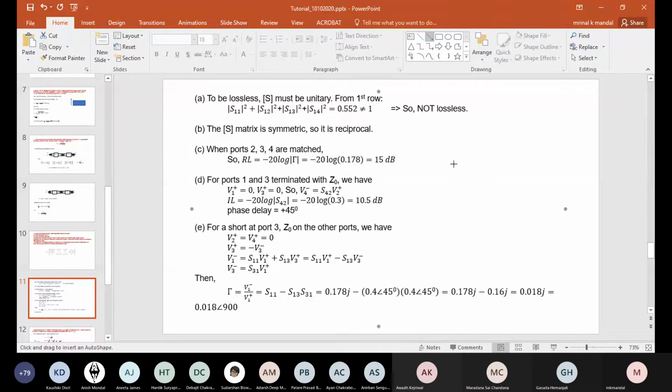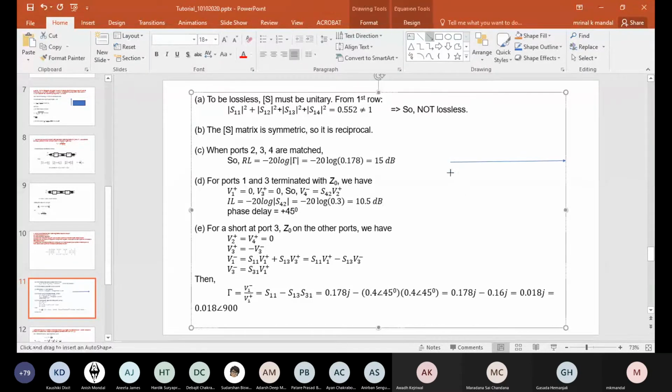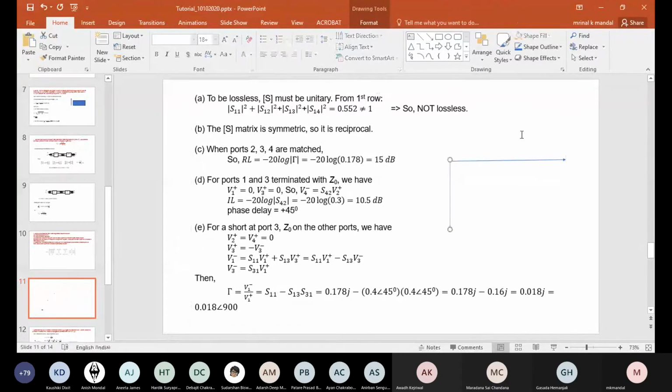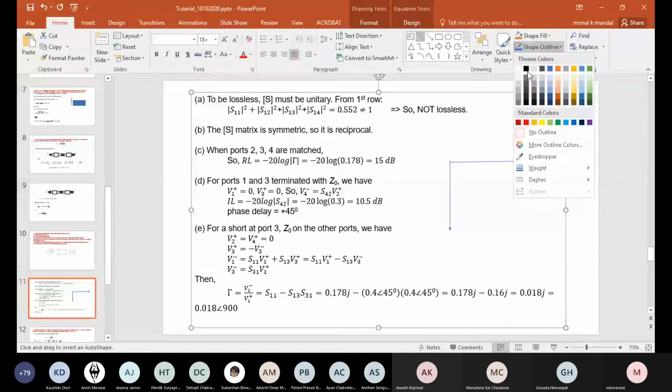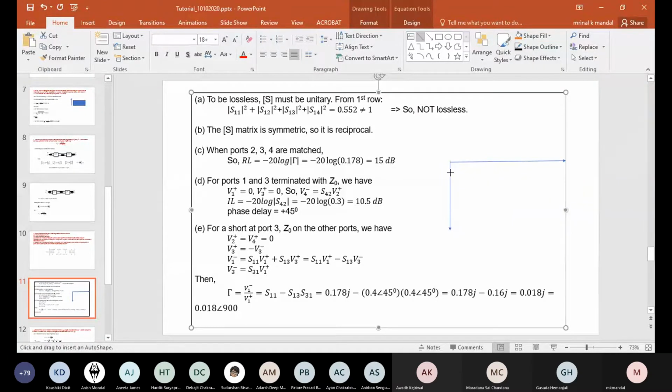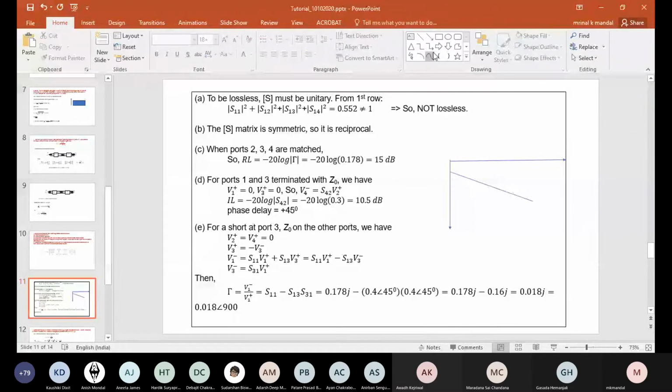Well, this one, you don't be confused. Let me just give one example. Here, I am plotting the angle of S21. Angle of S21 should be negative, no? For a two-port network, I am giving one example. So this is the angle of S21 for a two-port network.